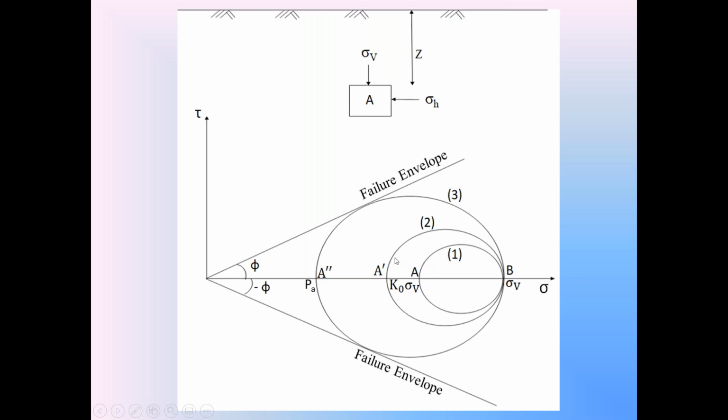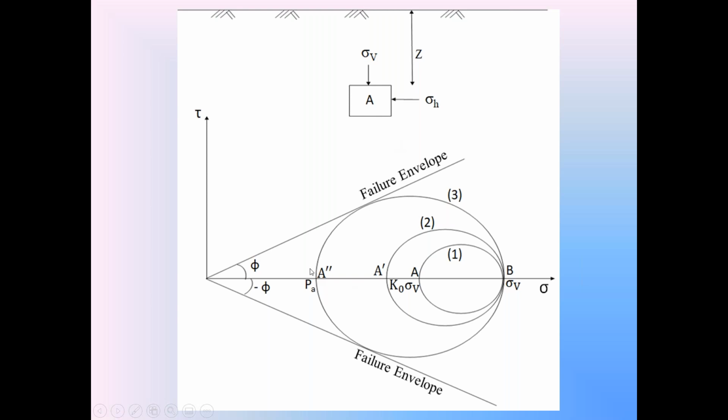So please follow these Mohr stress circles. First stress circle in the rest condition: V is the sigma V, A is the sigma H. In the rest condition, sigma H is equal to K naught into sigma V. In the active condition, when the sigma H touches the failure envelope, the backfill is under failure condition.